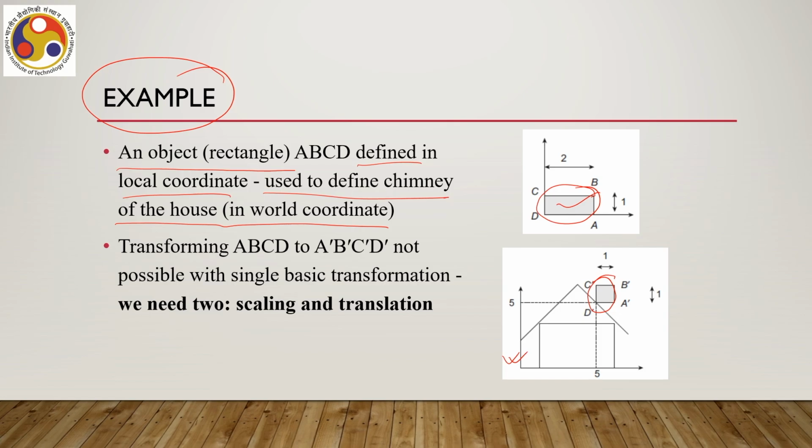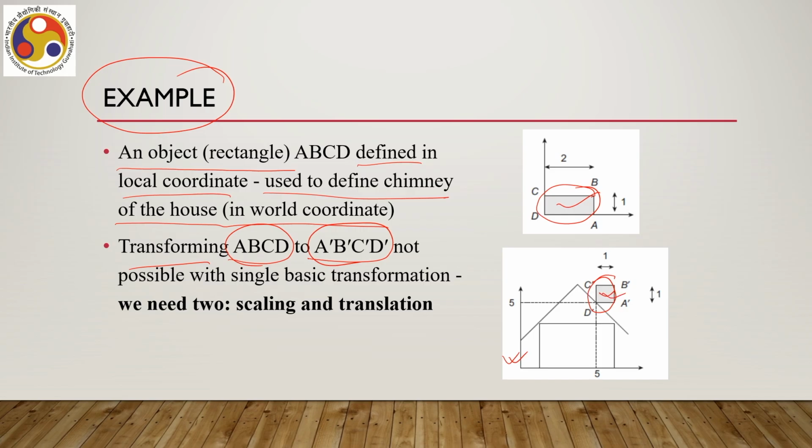So, in order to construct this scene with the chimney at its place, what we need to do is basically transform ABCD, the original rectangle in its local coordinate scene, to A dash, B dash, C dash, D dash, that is this chimney like shape.